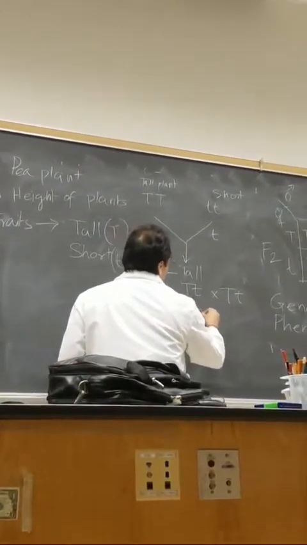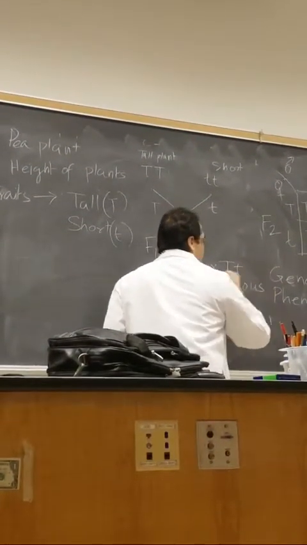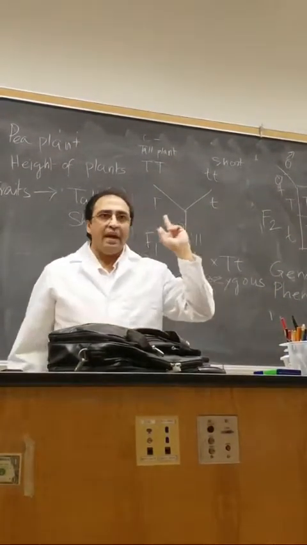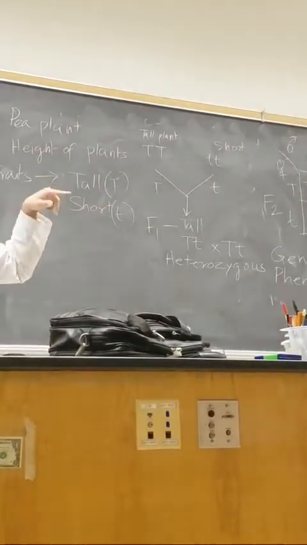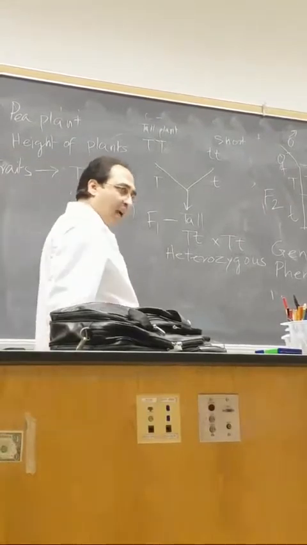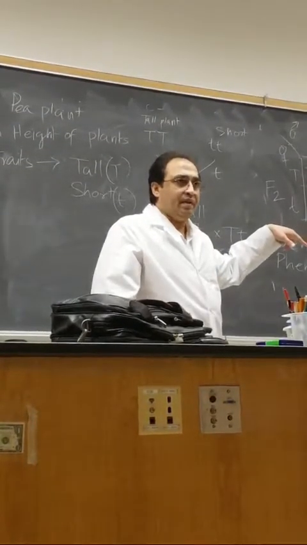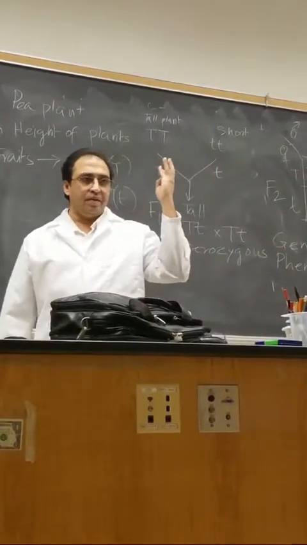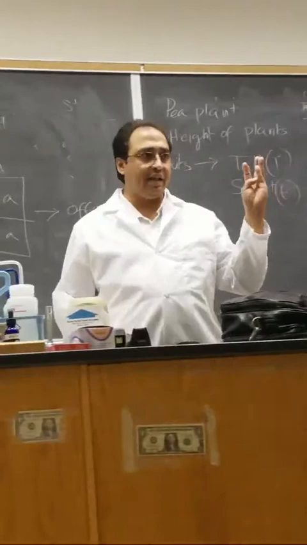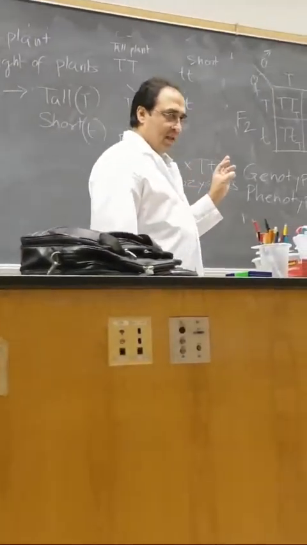Hetero means different. When it is in heterozygous condition, that means the dominant gene and recessive gene are present together, and the dominant will express as phenotype. Okay? So we got two concepts. One is dominant and recessive, another is heterozygous and homozygous.